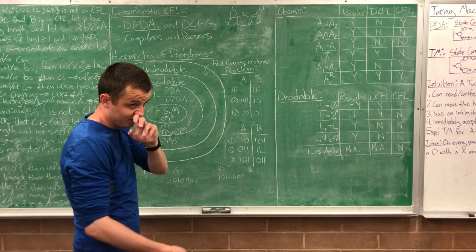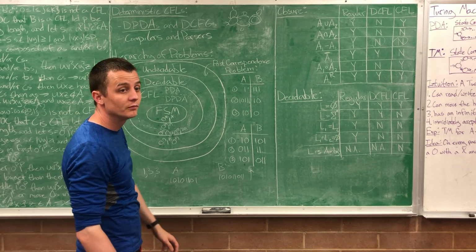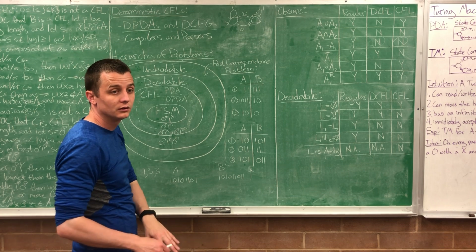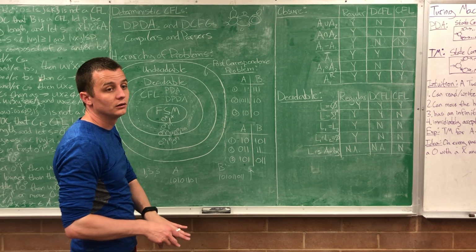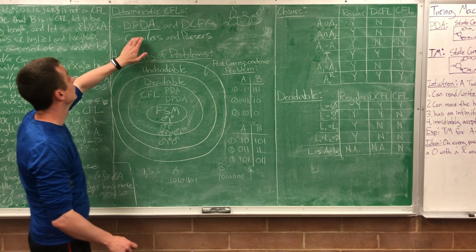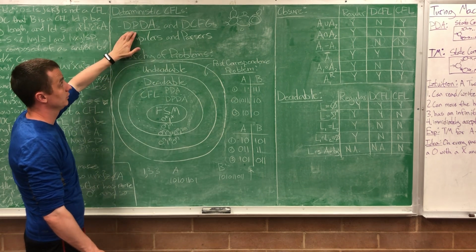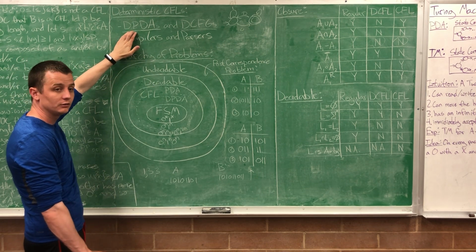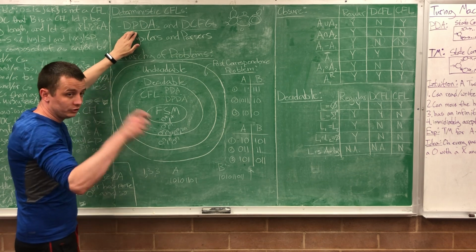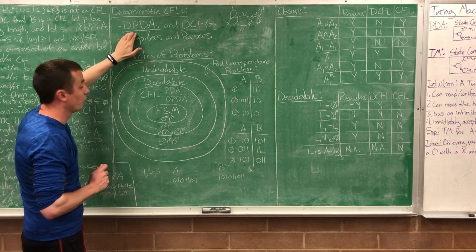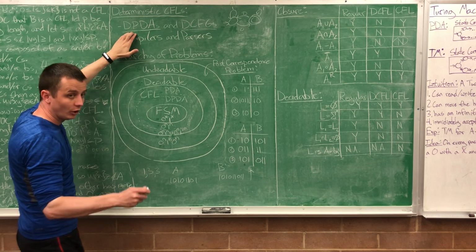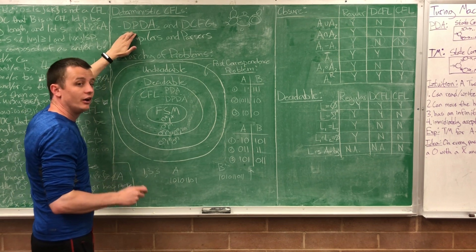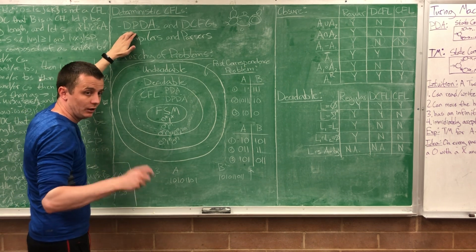Isn't it technically, in my head I'm thinking DPDAs are a subset of just PDAs. Deterministic pushdown automata are a subset of pushdown automata, and the set of all languages recognized by deterministic pushdown automata is a proper subset of all the languages recognized by pushdown automata.